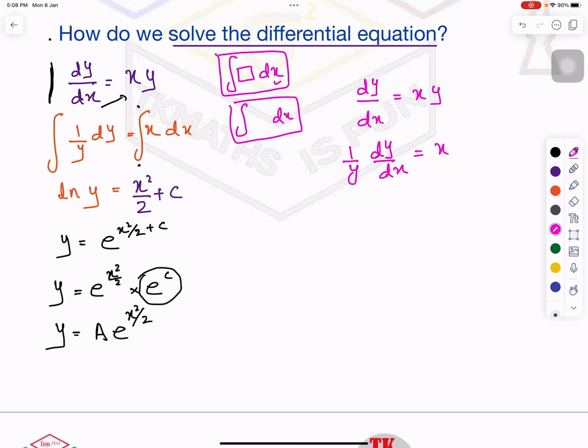So when I integrate both sides, this will be as it is, and of course this dx, because it is equal to this thing, right? So now what will happen, this left hand side is actually equal to this.